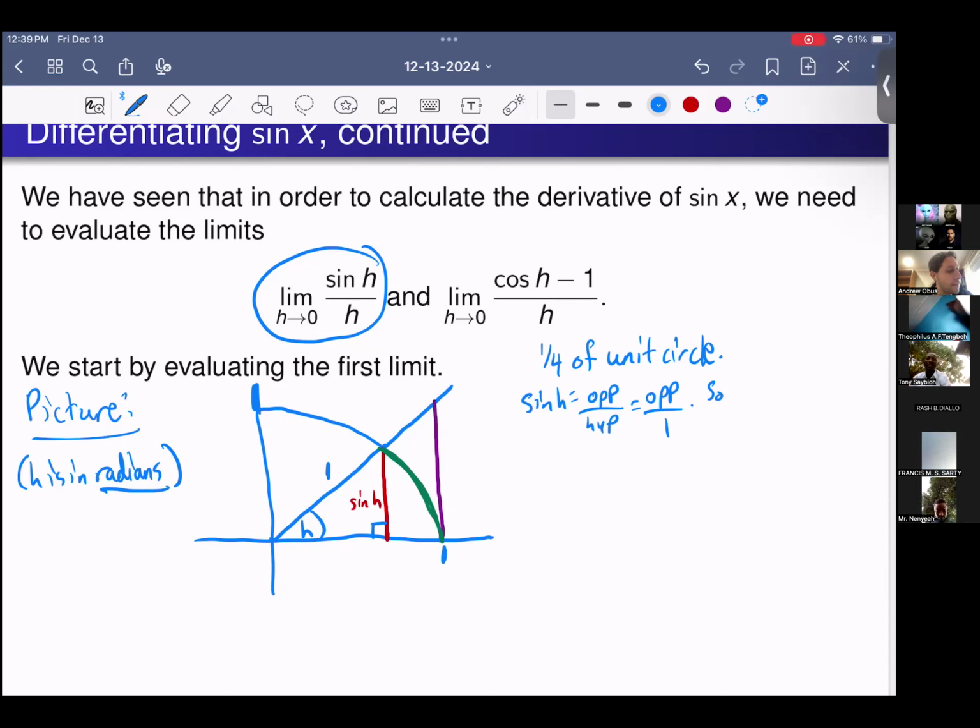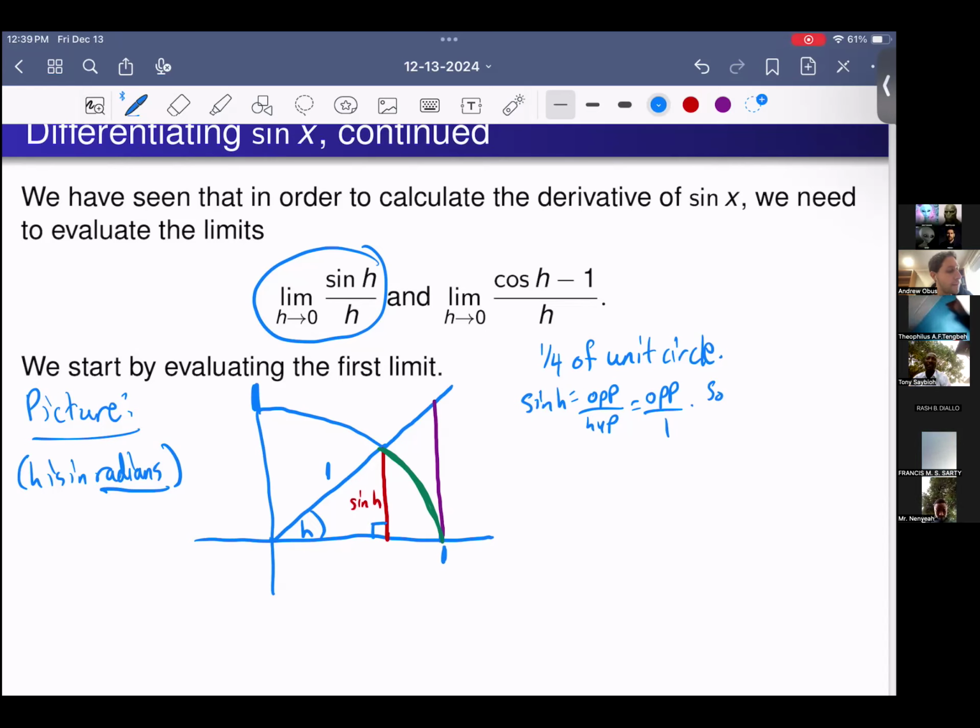So what we have is that sine of h is less than h is less than tangent of h, for small h. In particular, sine of h is less than h, so we get that sine of h over h is less than 1.